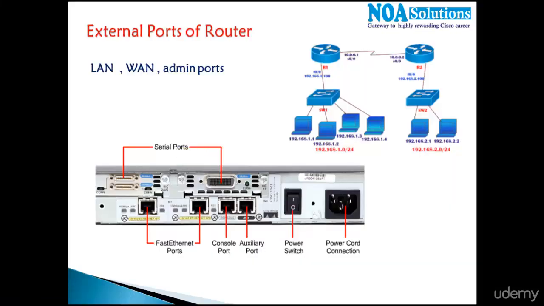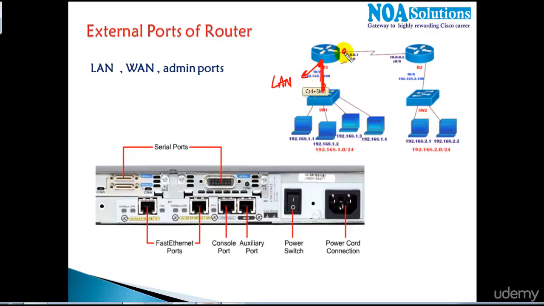Now what's the difference between these three kinds of ports? The LAN port is the port which is going to connect to your switch, and typically we call this port a LAN port. The port which is going to connect your local area network on the switch, we call that particular port a LAN port.